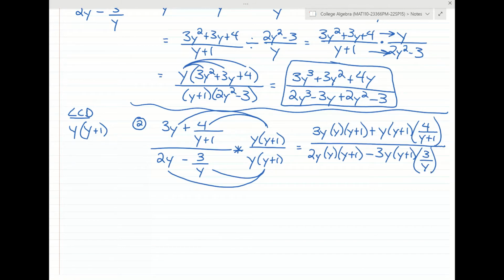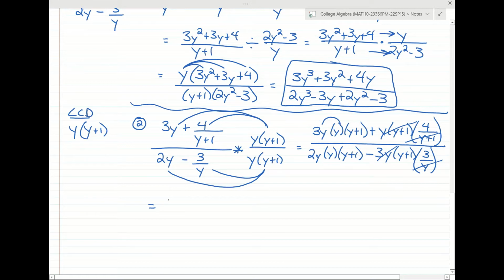We're just multiplying the LCD times everything on top and everything on the bottom. This will cancel with this, and this will cancel with this. Just trying to straighten it all out, we're going to distribute now.